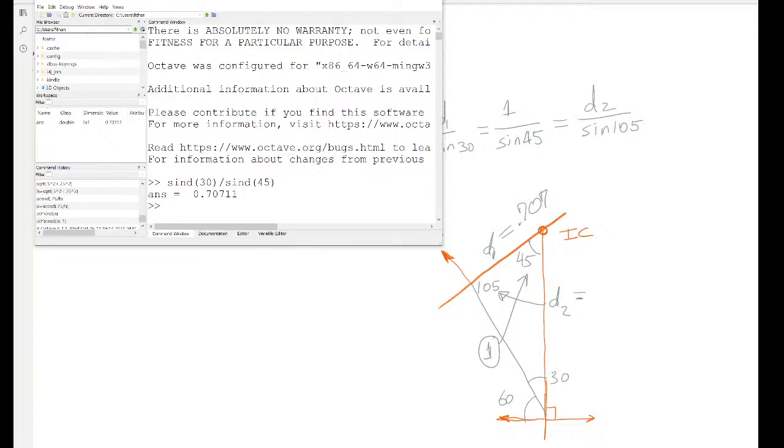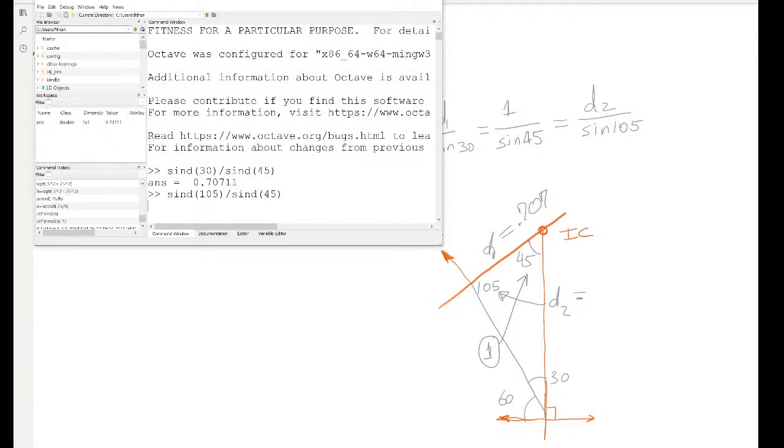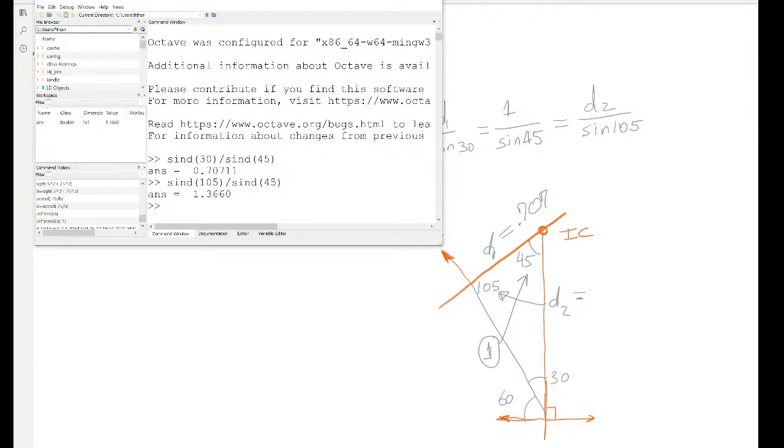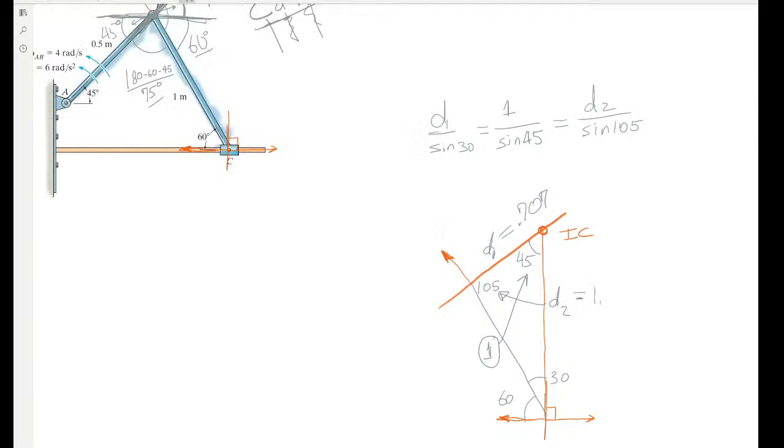So take the same thing, 105, 1.366. Now, I found this instant center, and I found its distances.